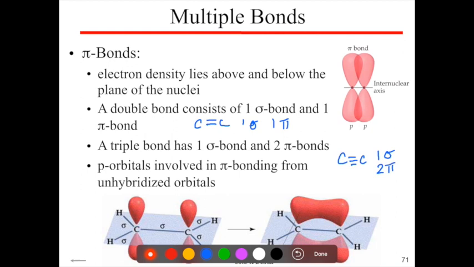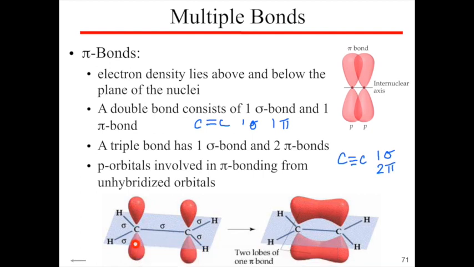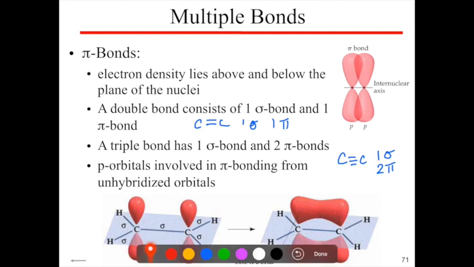Now, what's the difference between a sigma bond and a pi bond? The sigma bond is a direct overlap of electrons between the atoms, represented by a single line. The pi bonds are made where an electron can jump back and forth between the two atoms through the p orbitals.